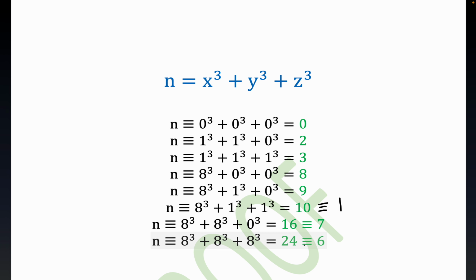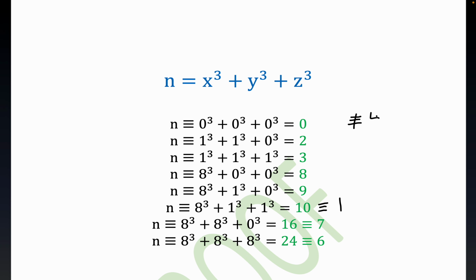And so you see, the remainders we have are 0, 1, 2, 3, 8, 7, and 6. So the only remainders that were excluded are 4 and 5.